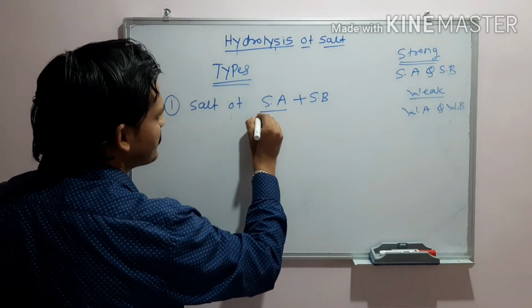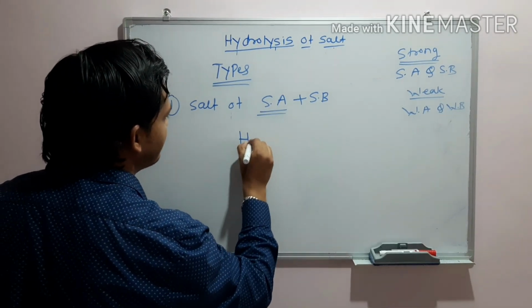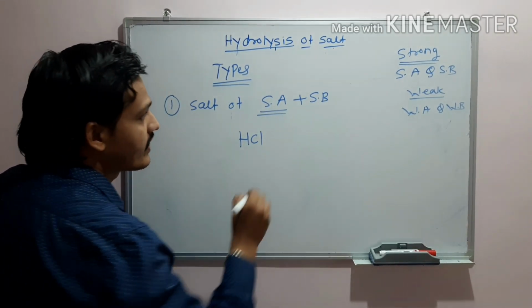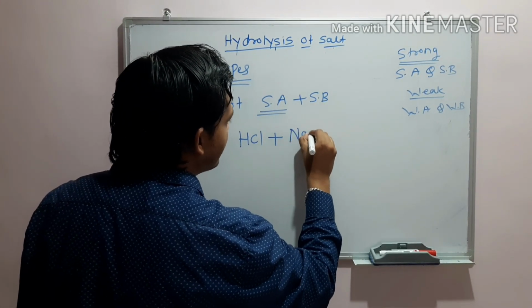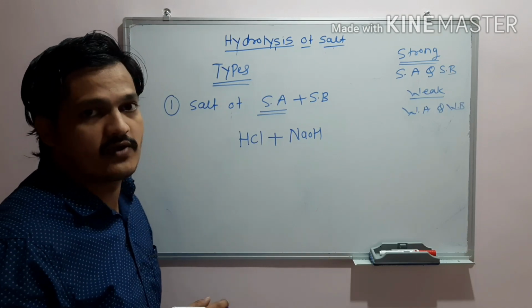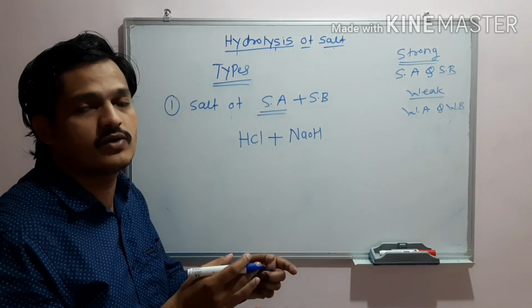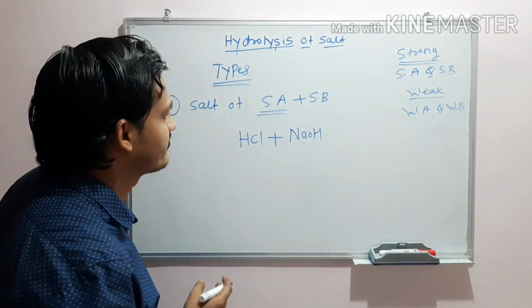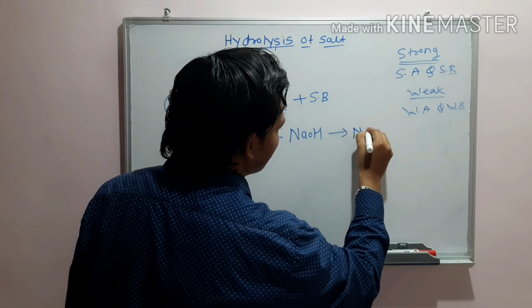Let us consider strong acid, that is HCl, we already know. Let us consider strong base, NaOH. Group first and group second, alkali and alkaline earth metals, when joined with an OH group are the strongest bases. Group first ones are strong, NaOH, so it will form NaCl.